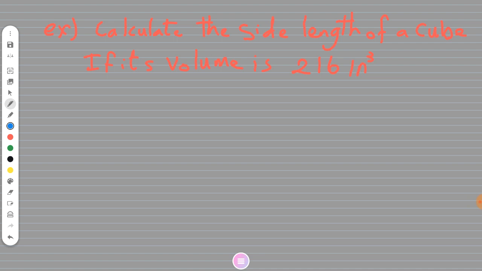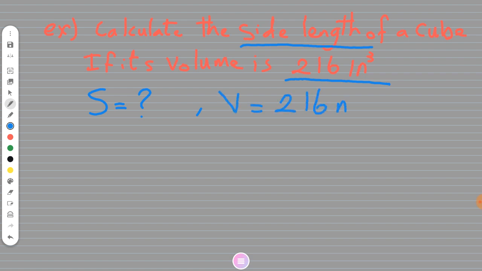First, what does it want from me? The side length of a cube. So I need S, which is equal to question mark. This is what I want. And it gave me the volume, so I can write V equals 216 cubic inches.